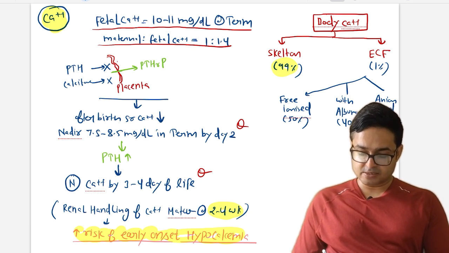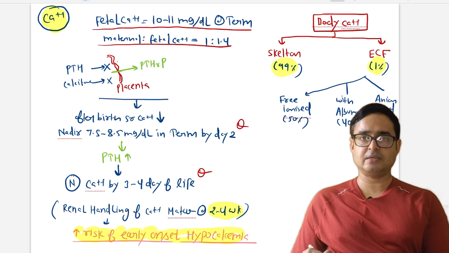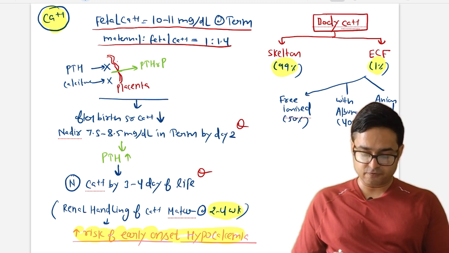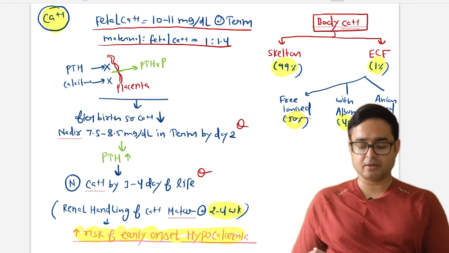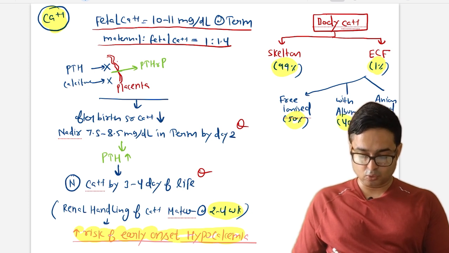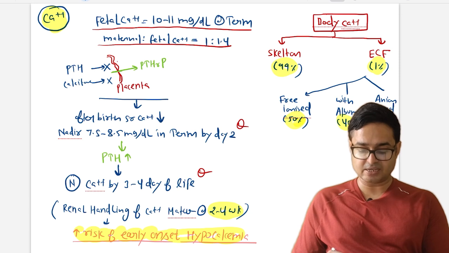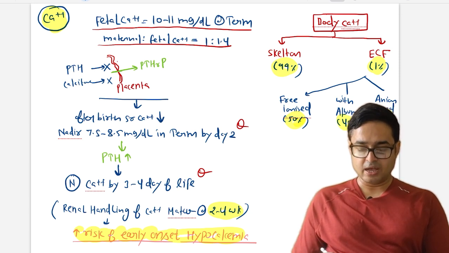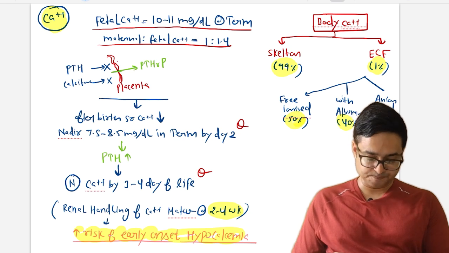Only 1% is seen in ECF, extracellular fluid. In that 1%, free ionized calcium is 50%, with albumin it is 40%, and other anions 10%. So this is the importance of measuring free ionized calcium, because total calcium is also associated with albumin.